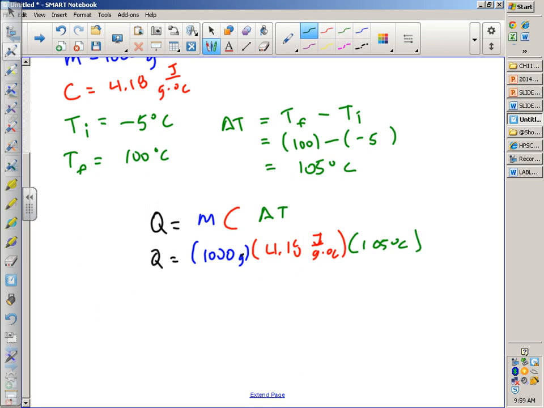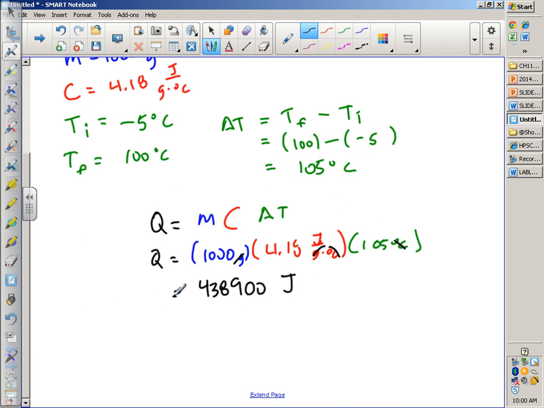Again, grams, degrees C. You run that through your calculator and you get 438,900. Okay, that's going to be joules, right?